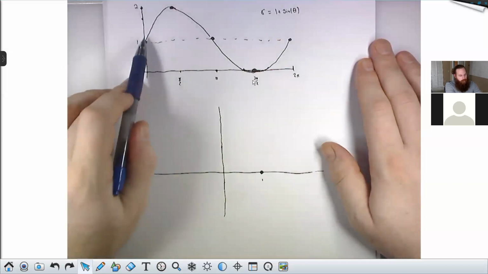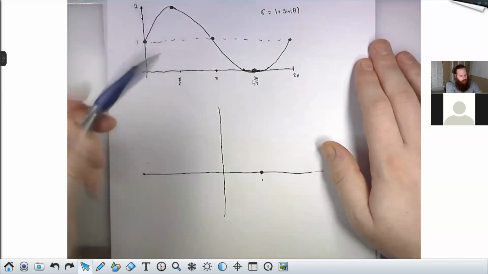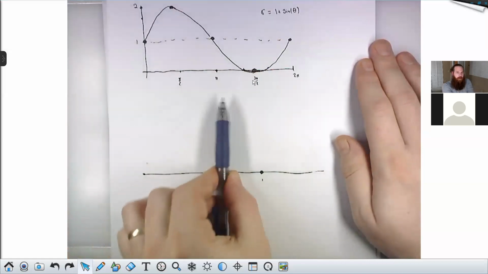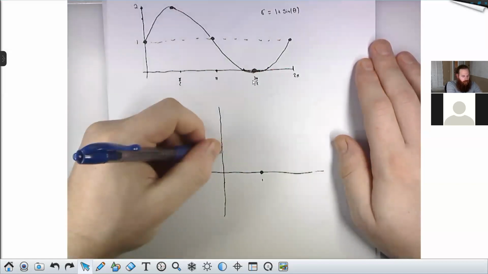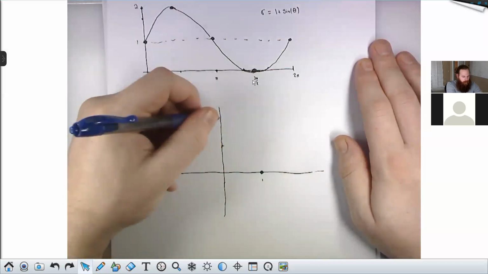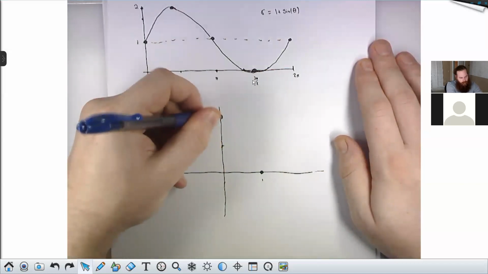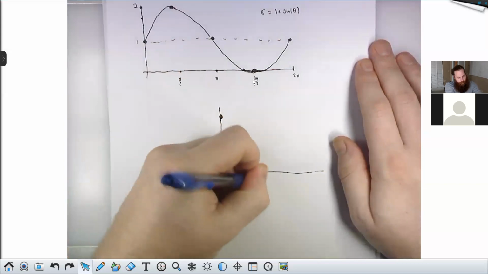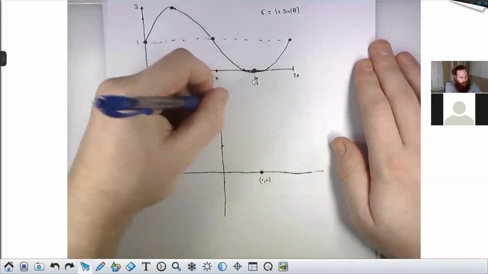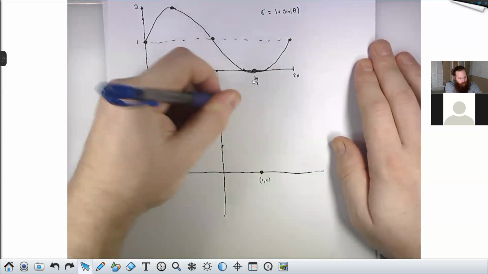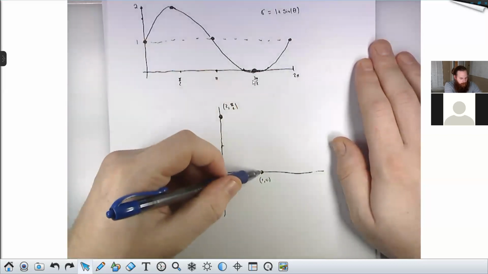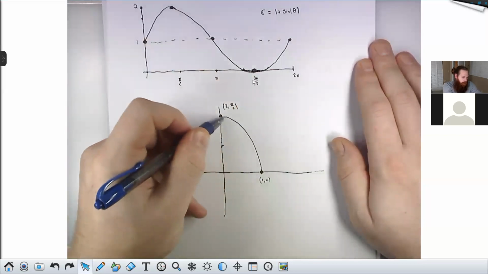And then as theta increases from 0 to pi over 2, as I rotate like this, r gets larger and goes all the way out to 2. So here would be the polar point 1 comma 0, the polar point 2 comma pi over 2, and these are connected by a bit that looks like this.